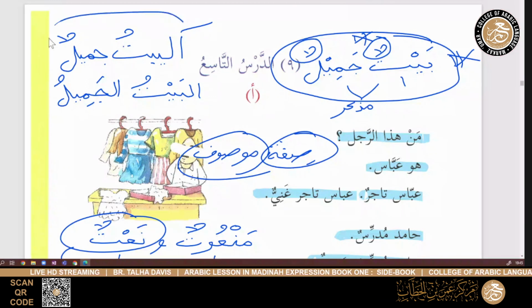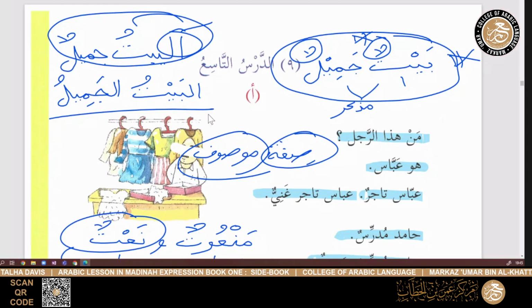This is not man'ut an-na'at. This is mubtada and khabar, because they don't look the same. This one has alif and lam, this one doesn't. So then this one is man'ut an-na'at. Why? Alif and lam, alif and lam. Dhamma wahida, dhamma wahida. Masculine, masculine.